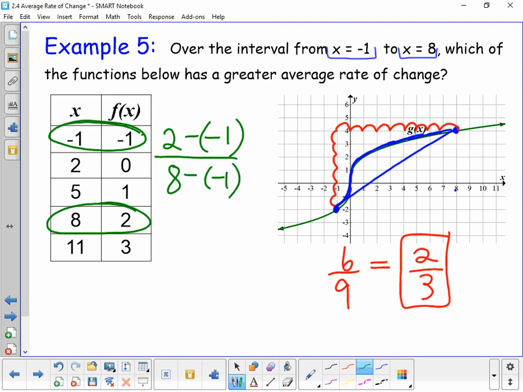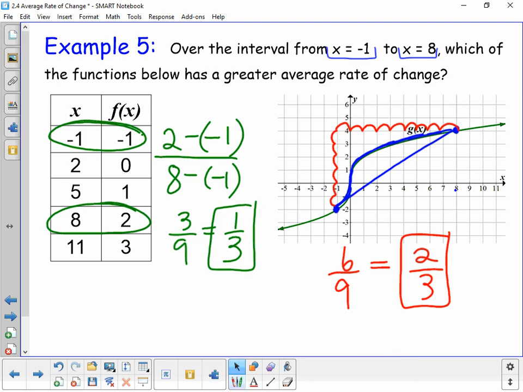Okay, well that simplifies to 3 over 9, which reduces to 1/3. So our average rate of change for function f of x for the interval from -1 to 8 is 1/3.